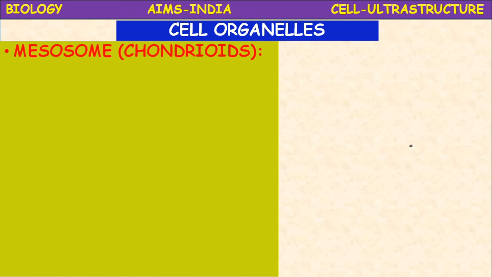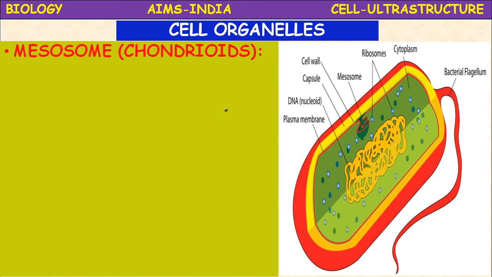Let us proceed to the next important structure, mesosomes. What is a mesosome? It is also called chondrioids. The mesosome is not present in the higher organisms or eukaryotic cells. It is present in the prokaryotic cells, the primitive cells.